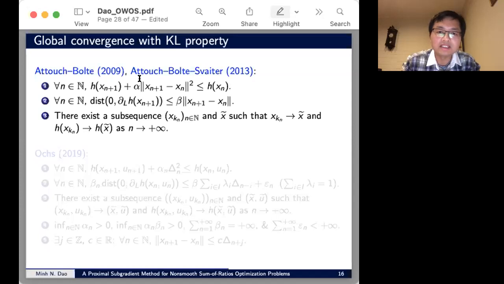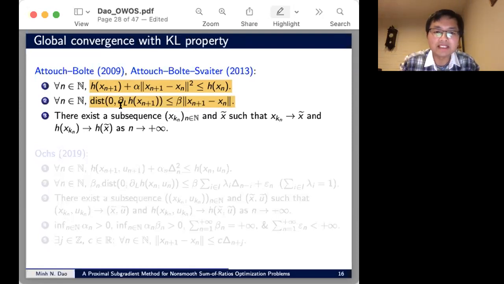The first one means that the sequence h of xn is decreasing, and the second one means that we have some error condition.